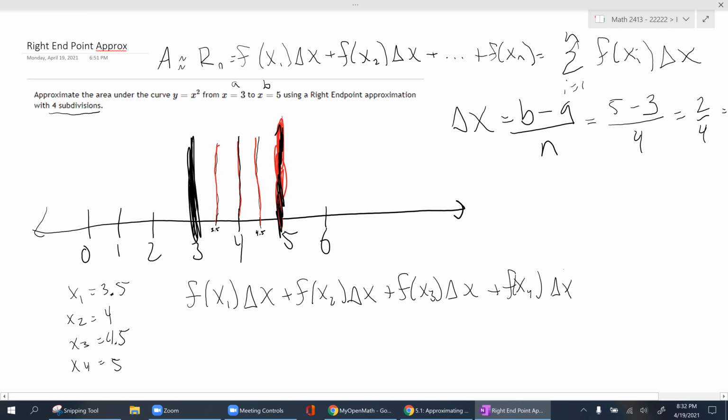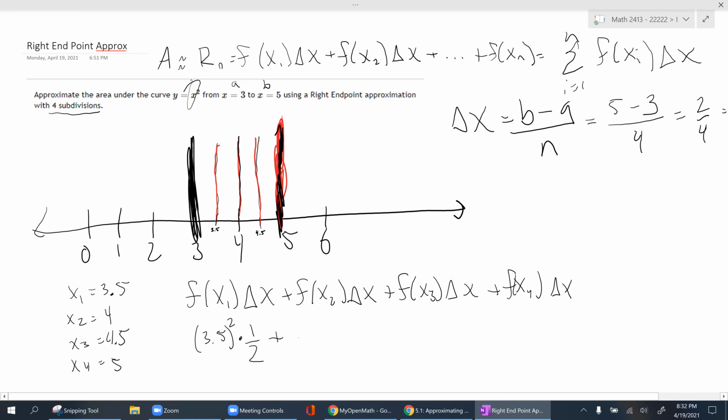So what is my function? We know what our function is, that's what was given to us. It's x squared. So it's going to be x squared times delta x. But what are we plugging into x squared? We're plugging in x1. So this is going to be 3.5 squared times, what's delta x? 1/2.